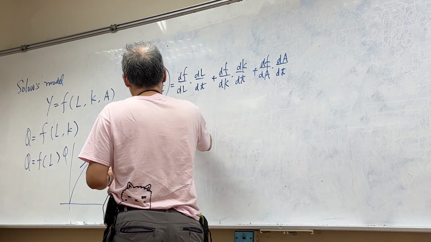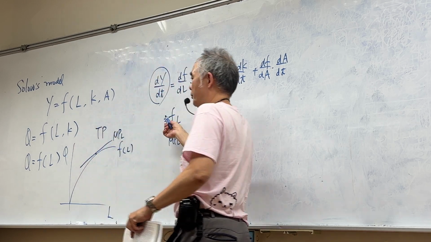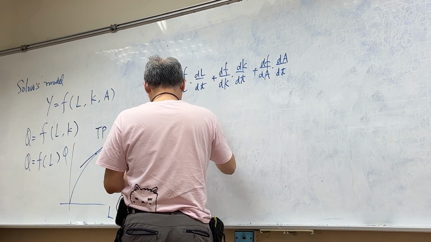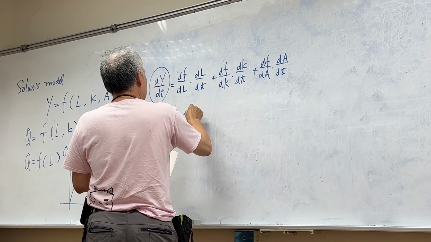This is MPL, but we put it as F sub L. And then here you have dt, dL.